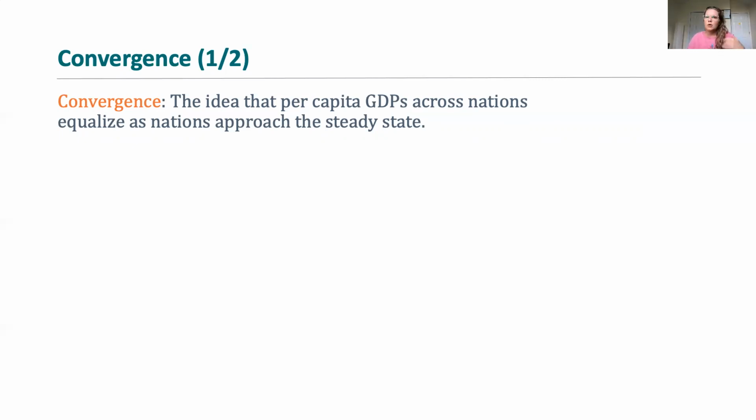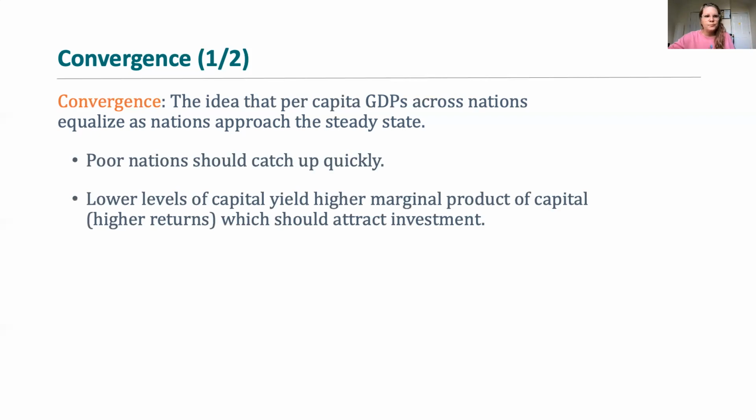So we get to a point where we're just replacing what has depreciated. And as we slow to a stagnation, other countries catch up, and eventually all the countries globally would equalize in their per capita GDP.